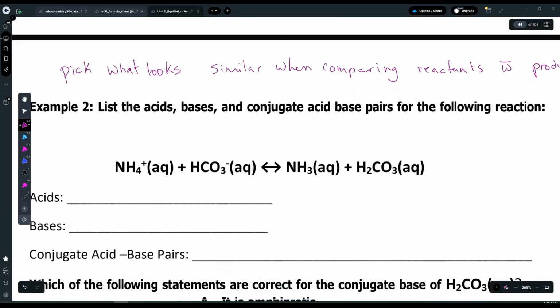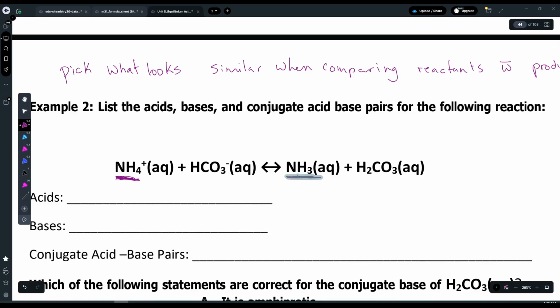Okay, so looking at this reaction here, I'm noticing we have ammonium, which typically acts as an acid, and seeing as the thing on the product side that looks most similar to it is ammonia. So I see, okay, we started off with 4 hydrogens, we ended up with 3.